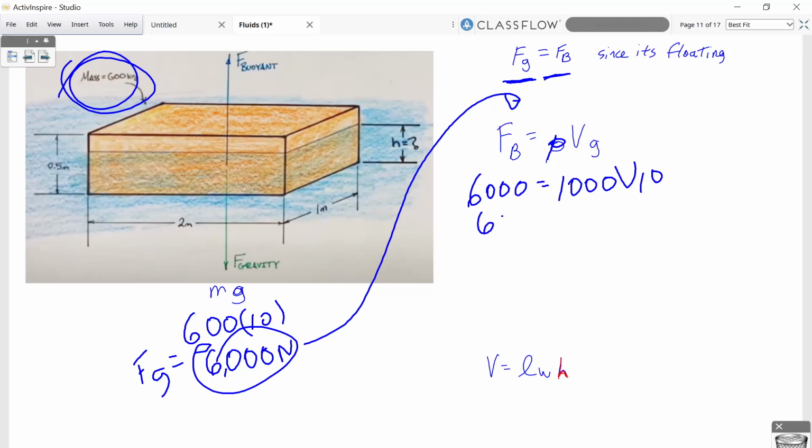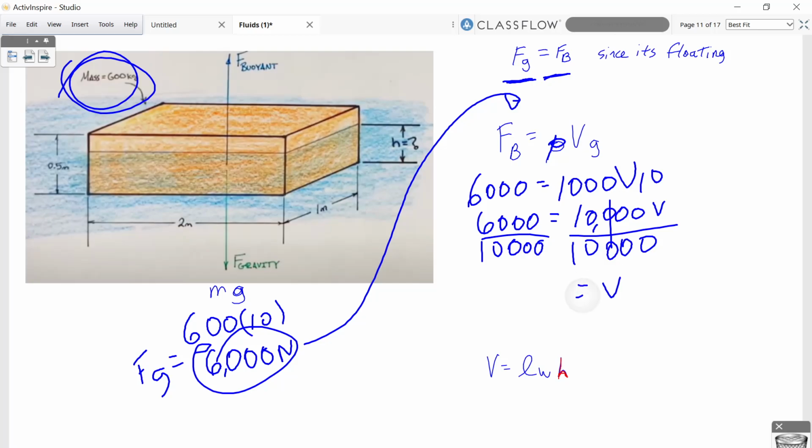We're going to go ahead and multiply and divide. And so we get 0.6 meters cubed. Okay. Now we want to find out, well, how much of this is submerged in water, right? So we're going to use this guy right here, volume, length times width times height.